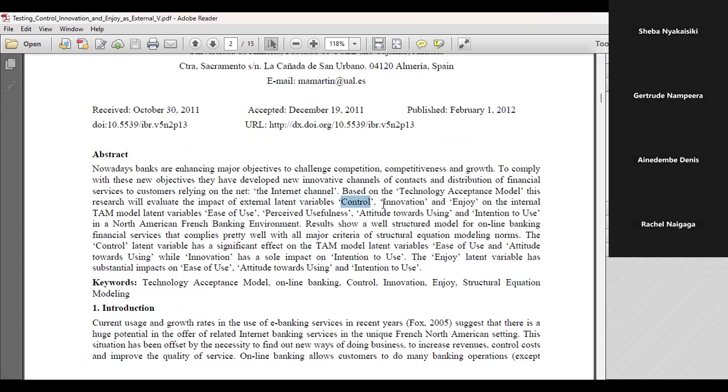That's one. Two, it's an innovation, something new. Then you have the concept of, am I enjoying it as I use it? The fact that you have controls is going to affect ease of use. It is also the factor of control in terms of, I am now more in charge of my finances.